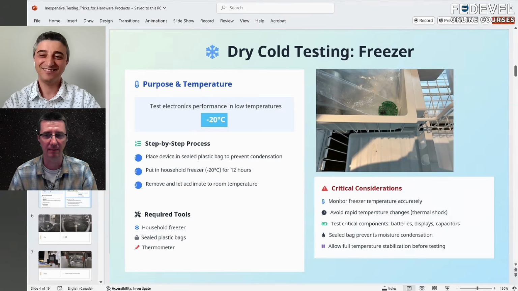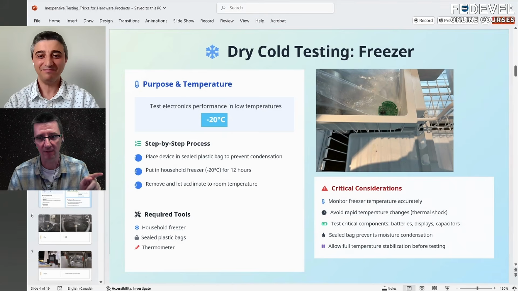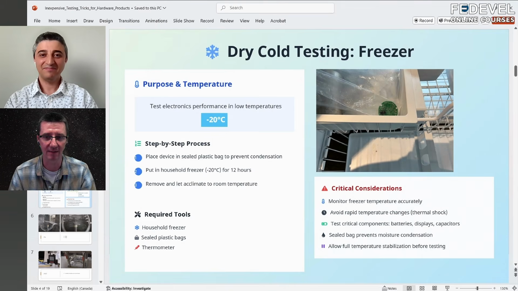Yeah, not only about the freezer, but I think this is one of the most important tests. At least what I found out, this is the test where we found the most issues. Because heating up usually goes from 20 to, I don't know, 60 or 70, so there's like a 40 degree difference.